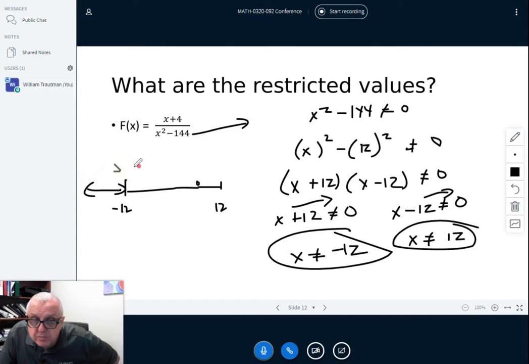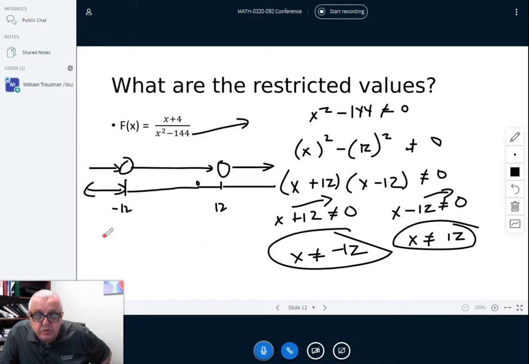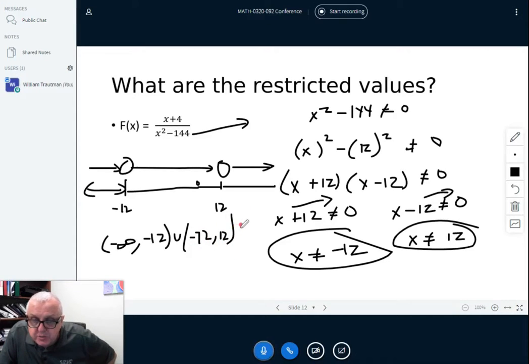The graph goes up to 12 and stops, then jumps over, goes up to 12 here, and then goes to infinity here. So x cannot equal those, so you'd write from negative infinity to negative 12, then you'd write from negative 12 to 12, and then you'd write from 12 to infinity because it stops at 12.